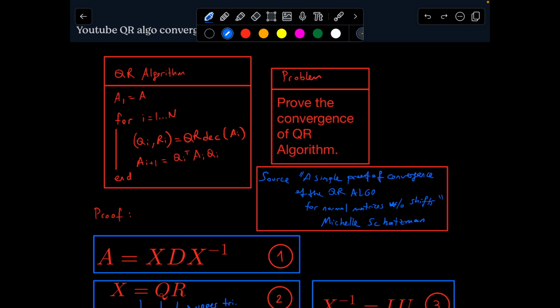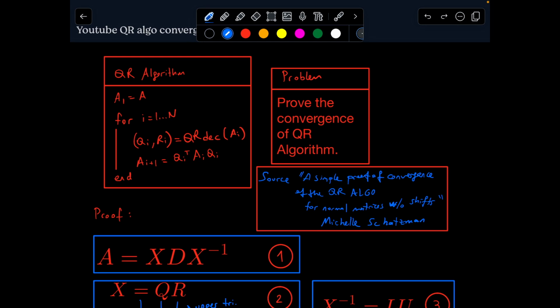So this is a proper similarity transformation, and because of that, the eigenvalues of this matrix and this matrix are equivalent. The set of eigenvalues does not change. This operation preserves that.